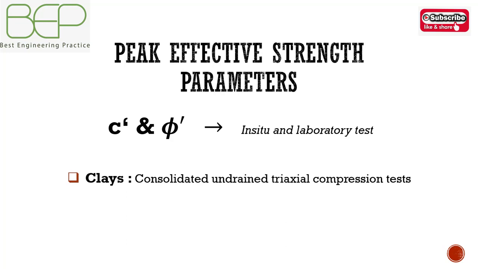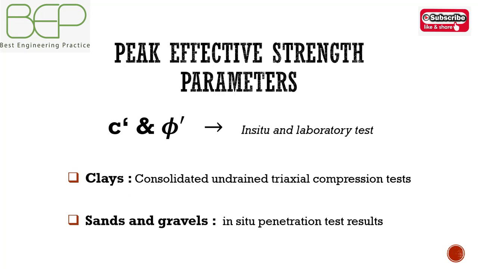For clays, use consolidated undrained triaxial compression tests with pore pressure measurement to find the effective cohesion and the effective friction angle on undisturbed samples obtained from boreholes or block samples obtained from trial pits.